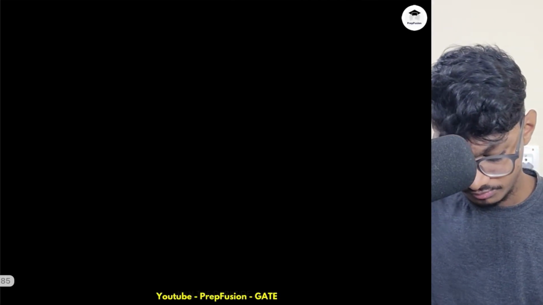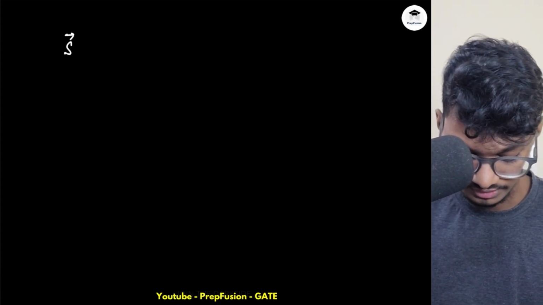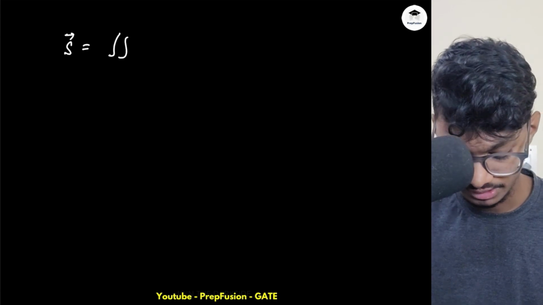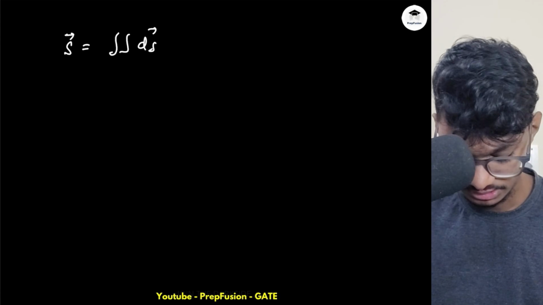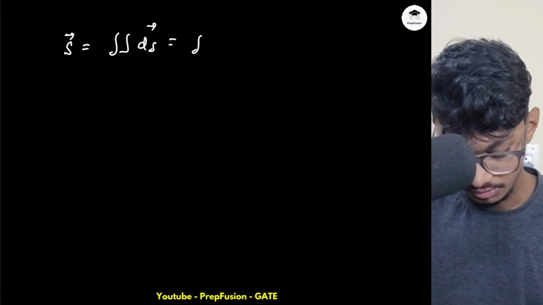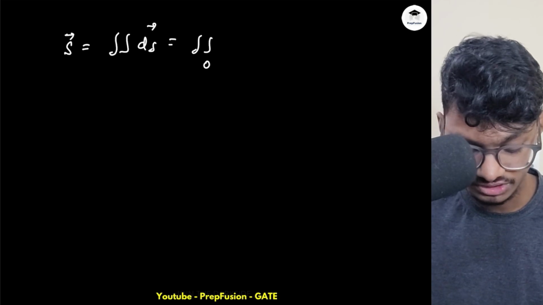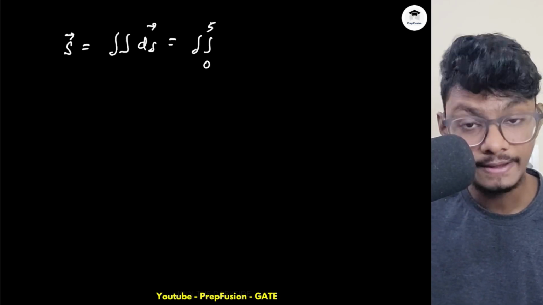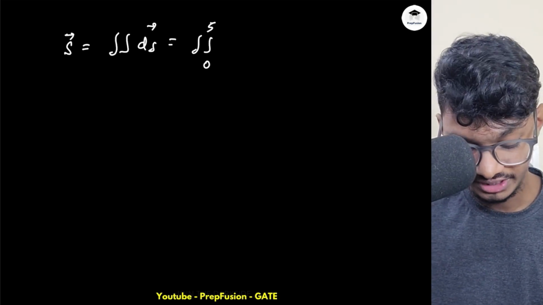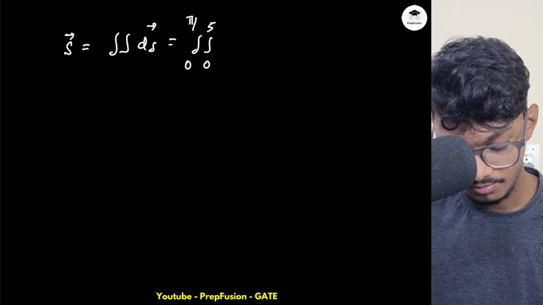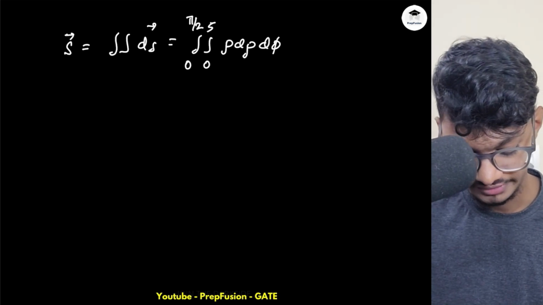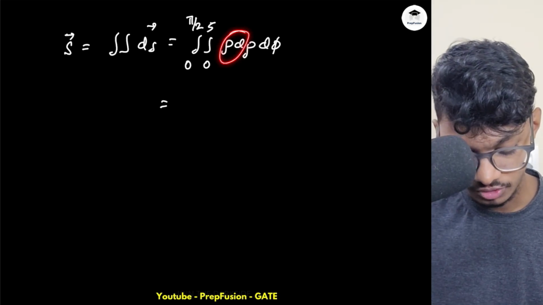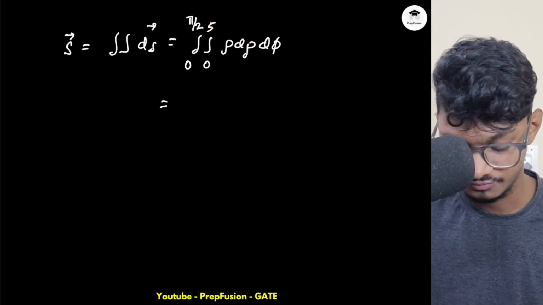Now I will simply solve this. The surface integration will be a double integration of ds. Rho is varying from 0 to 5, and phi is varying from 0 to pi by 2. This is rho d rho d phi. Now it's a function of rho, so I cannot simply use the constant formula here.